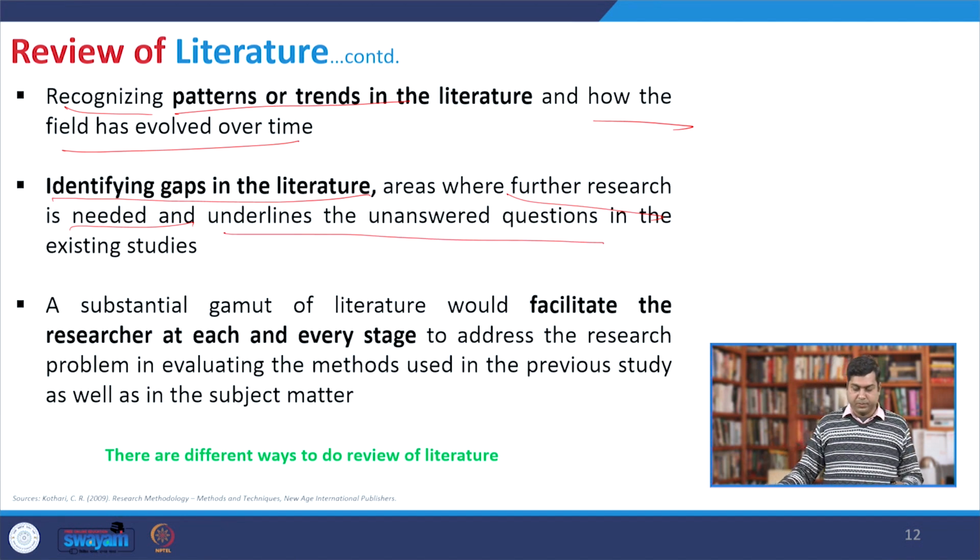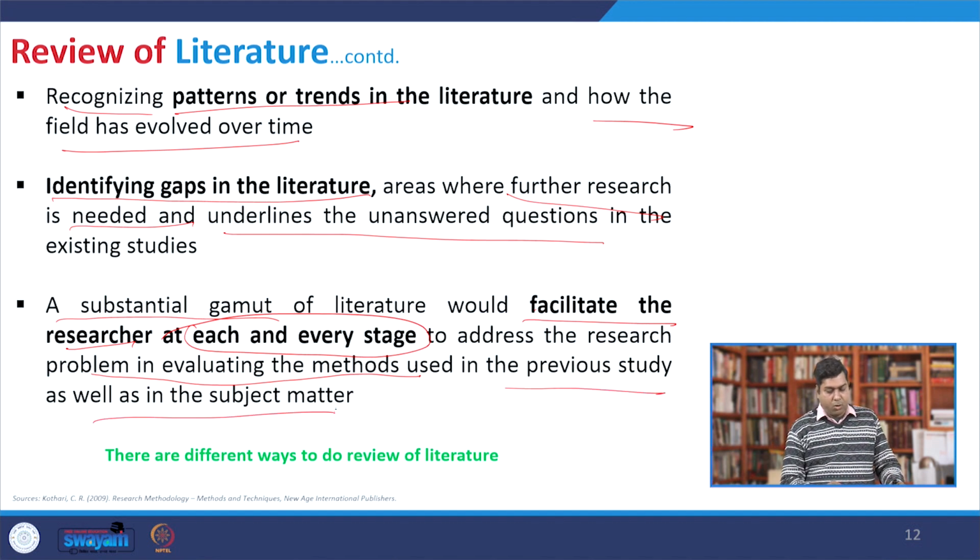and underline the unanswered question that is very much pertinent to frame your questions. Another aspect is that this would facilitate the researcher at each and every stage to address the research problem, evaluate the method used, or compare your findings with the past literature.